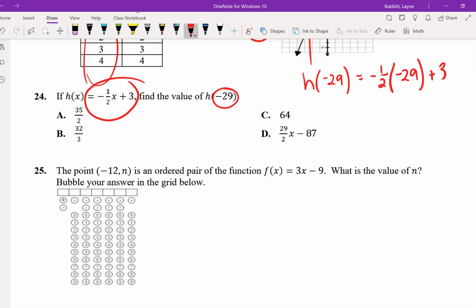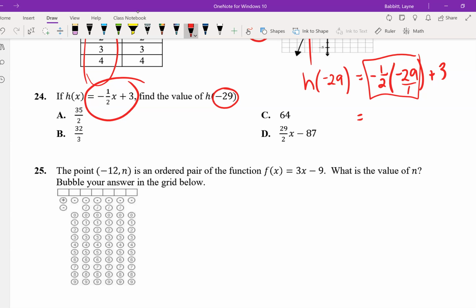I can see that they want our answer in fraction form, so I'm not going to write this as a decimal. You could, and then just convert it back in the end. I'm just going to simplify. Remember, negative times a negative is a positive, and I'm going to put 29 over 1 to make it a fraction.